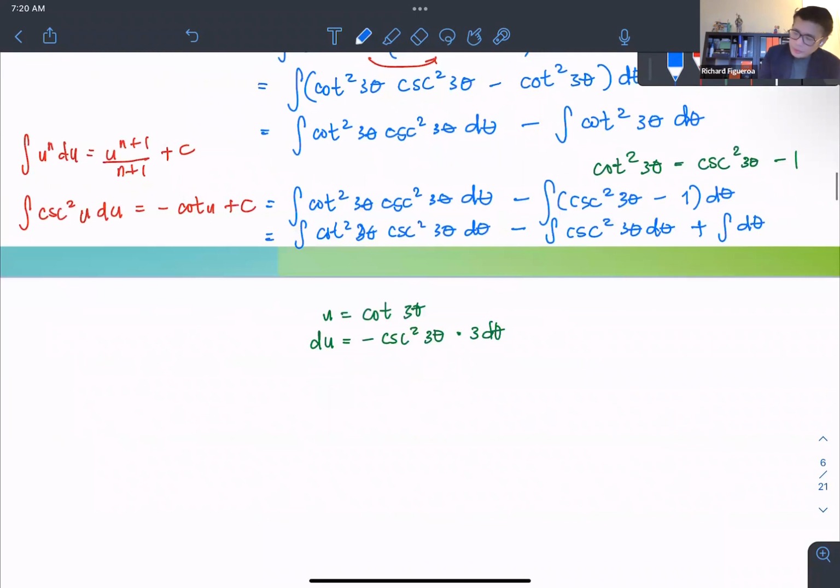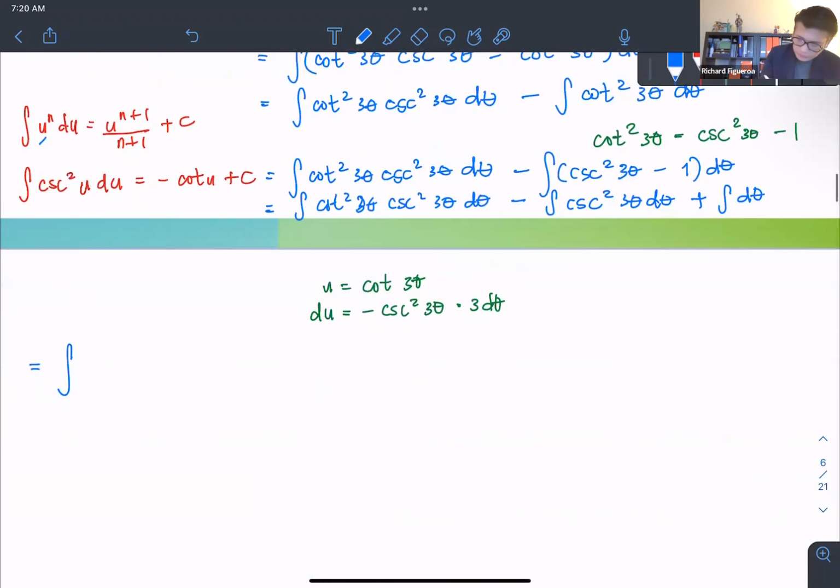So now, we can rewrite this one. We'll be starting with this. So our u, it's cotangent 3 theta. Our n is square. Then our du, so this is our du. So multiply it with negative cosecant squared 3 theta.